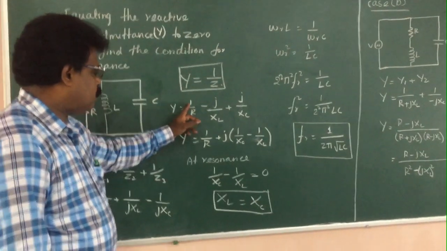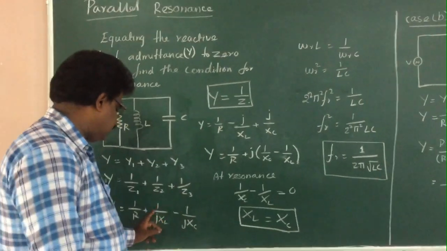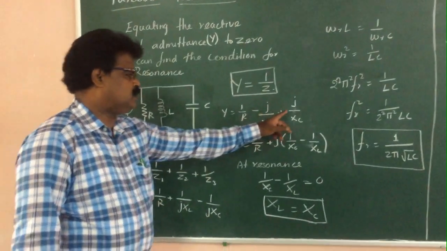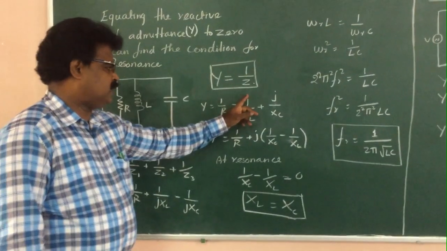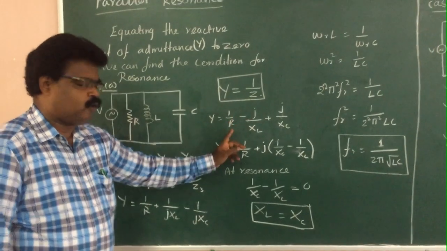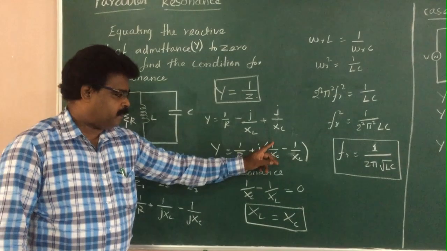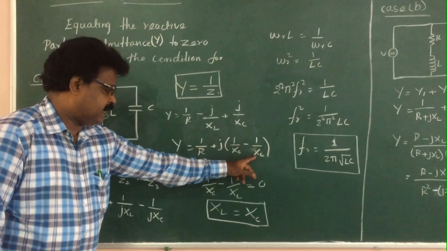So Y is equal to 1 by R. If you take j to the top, 1 by j is equal to minus j. If you substitute this, we get minus j divided by XL plus j divided by XC. If you take j outside, Y is equal to 1 by R plus j into (1 by XC minus 1 by XL).